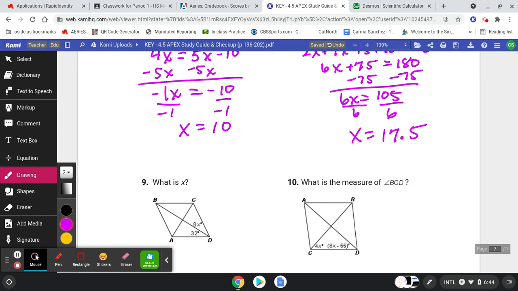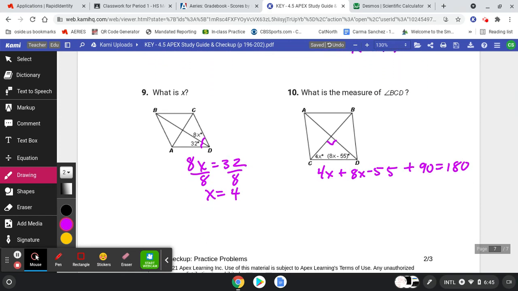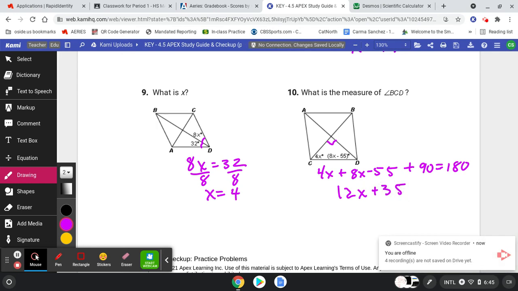Okay, last over here, number 9, is the two angles that are bisected. So they're equal. And over here, we see that that's a 90, and we've got the other two interior angles. So we could say 4x plus 8x minus 55 plus 90 equals 180. And so we've got 12x plus 35.